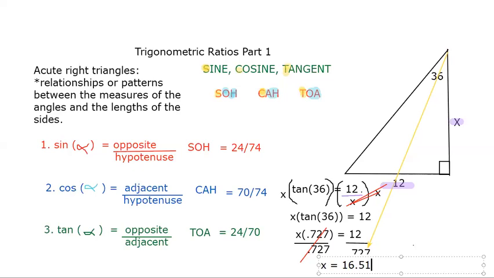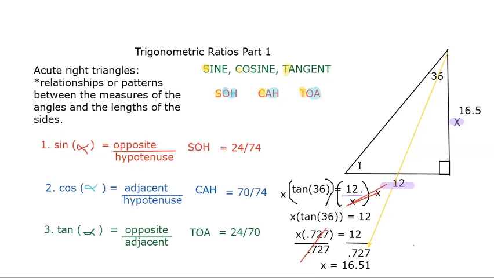And if you look at your answer choices, A is 16.5. That's the one that we would choose. More importantly, look at the measurements of your triangle. Does a side measurement of 16.5 make sense? Yes, it does. This was your longer leg because the longer leg is opposite the bigger angle. 36 is obviously your small angle.